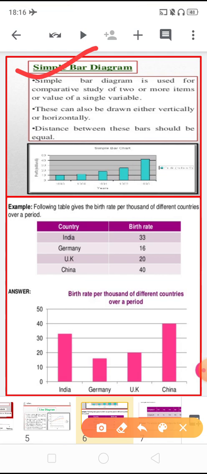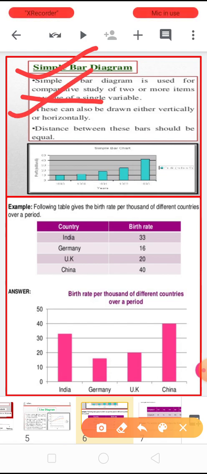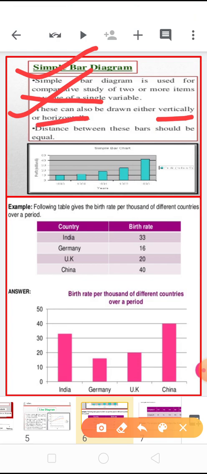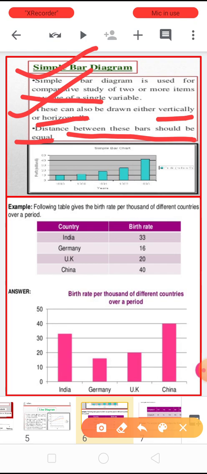The different items or values are represented by different bars. So we can also say that simple bar diagrams are used for making comparative studies on two or more items or values of a single variable. These can be drawn either vertical or horizontal, and the difference between each bar should be equal.